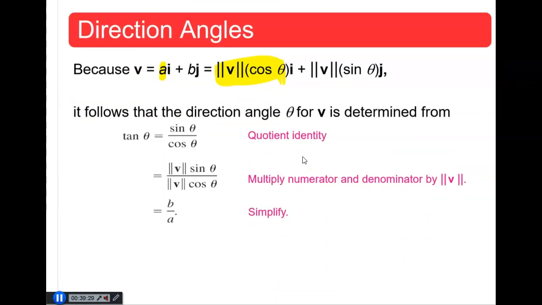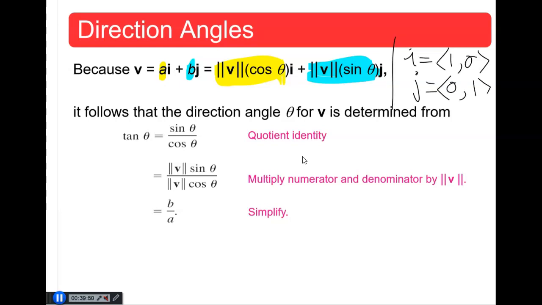Now, based on this, the vertical component will come from here, times the unit vector j. And just to refresh your mind, vector i is equal to 1, 0, and then vector j is 0, 1. That is where the terminal point is, because these are in standard form unit vectors. So the initial point is the origin.